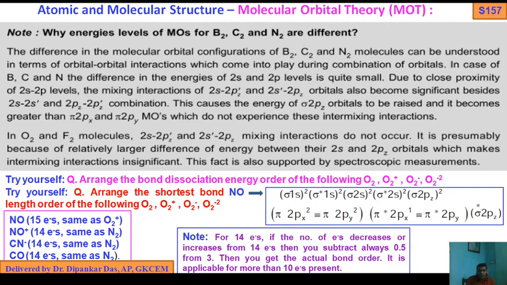The shortest bond length will be for the species which has the highest bond order. Keep in mind, bond order is inversely proportional to bond length, so the species having the higher bond order will have the shortest bond length. Try yourself, I think you can answer these questions.